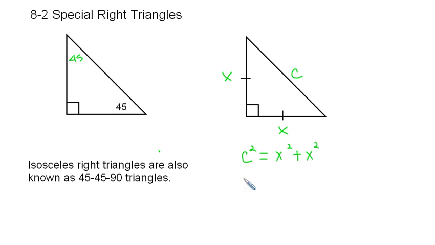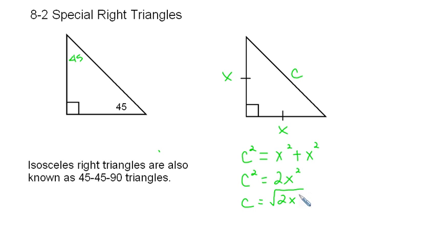Now this will simplify because we can combine x squared plus x squared to get 2x squared, and then furthermore we can take the square root. Now we're going to ignore that this would be plus or minus the square root because we're finding c, and that's the length of the side of a triangle.